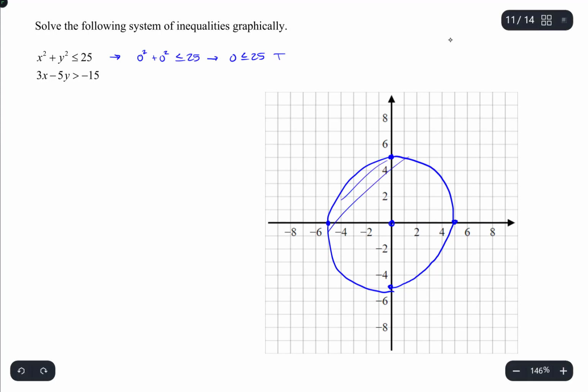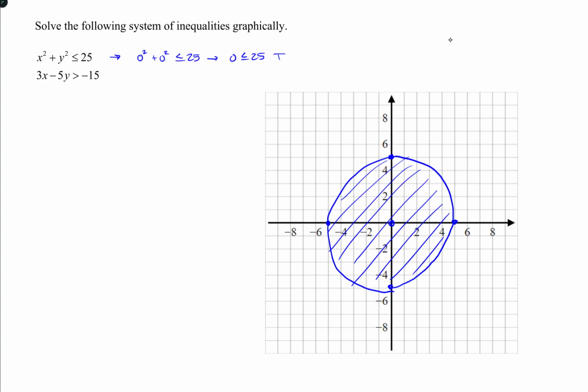So what that means is I shade the side of the circle that is contained within. So I'm saying the side of the circle, but it's really the inside of the circle or the outside of the circle.